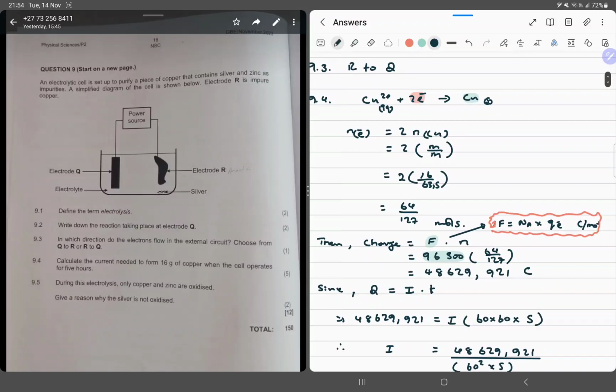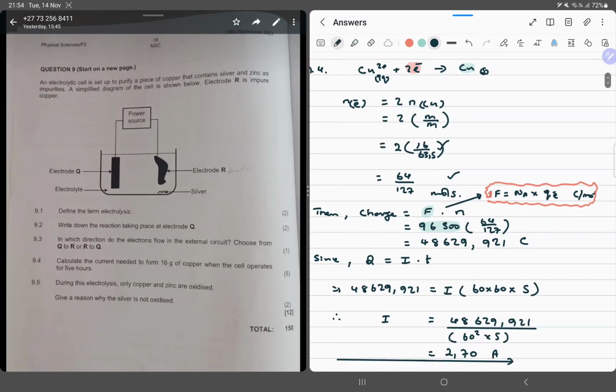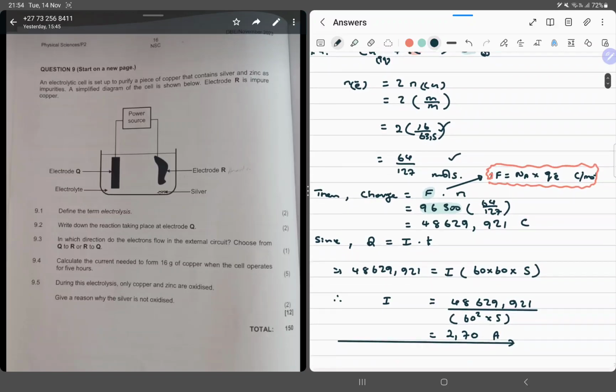Obviously, guys, the number of moles of electrons was important to calculate, and essentially identifying the molar mass of copper in the periodic table is a mark, and finding the Faraday's constant, or whether you remember it from somewhere.